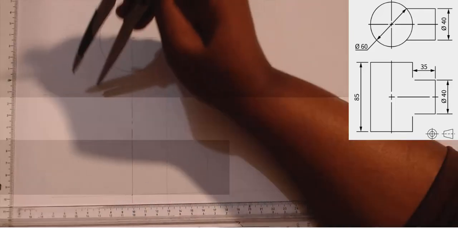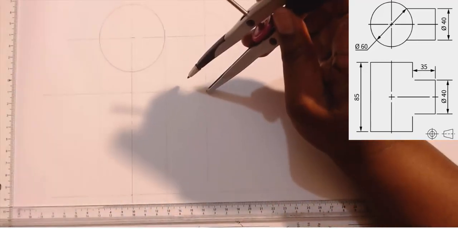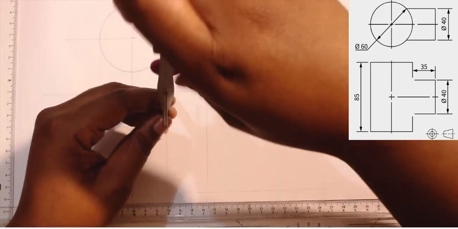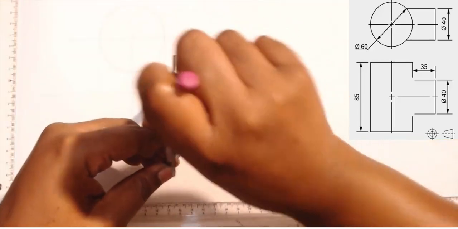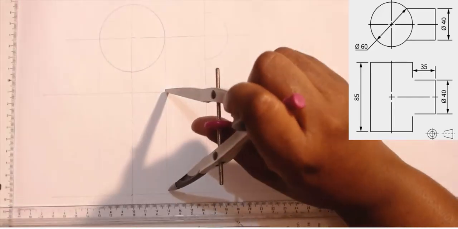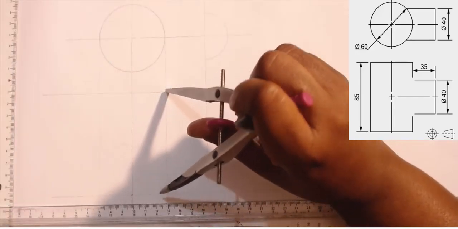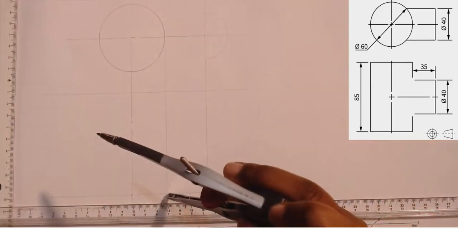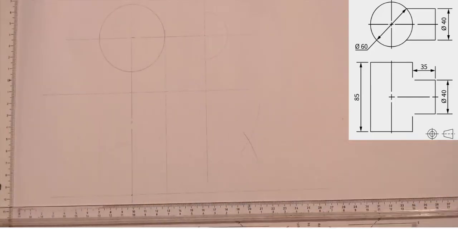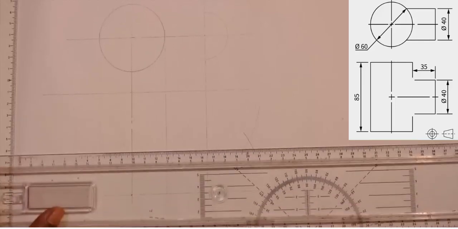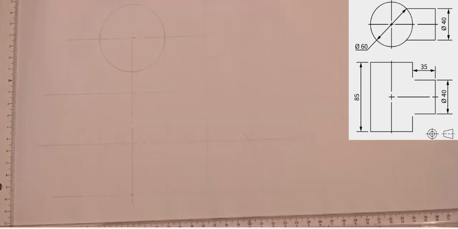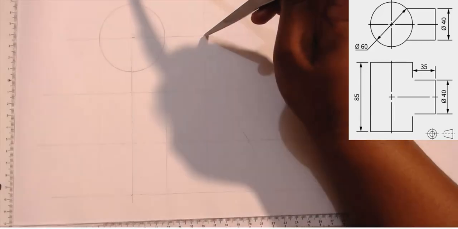So 85, how do I find the center of 85? All I have to do is just to do this, and I get the total length. Then I arc anywhere there, then I arc anywhere there, just to get the center.